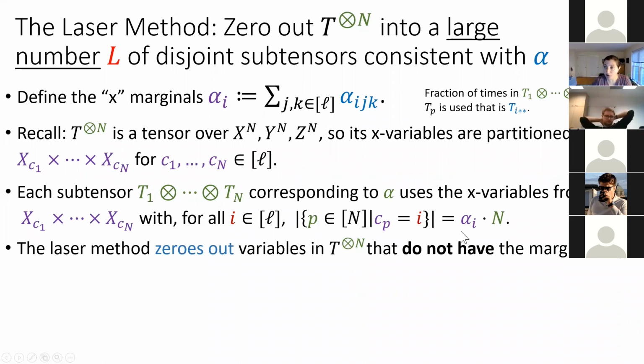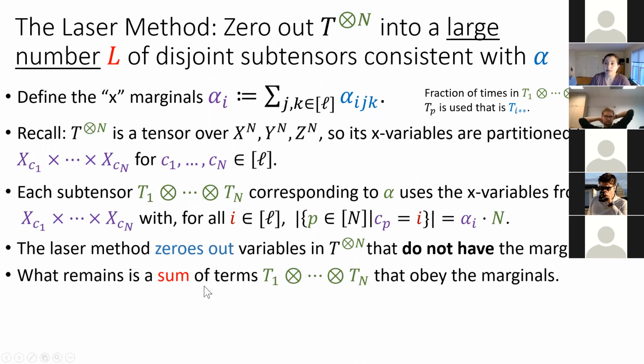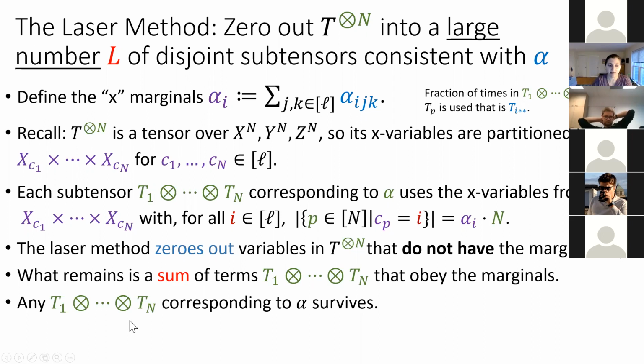So I pick the marginals, and now I get to zero out the variables. And once you do that, you get a sum of terms that obey the marginals, right? And any term that corresponds to your desired distribution alpha does survive because it will obey the marginals.